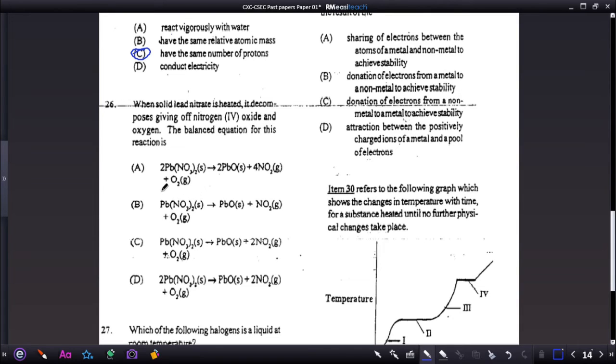So that's 12 oxygen on this side. We have 2 right here, plus 8, that's 10, plus 2, that's 12. Alright, so the answer is A. I balanced it to show you, even though we have seen this question. I just wanted to indicate how it was balanced.